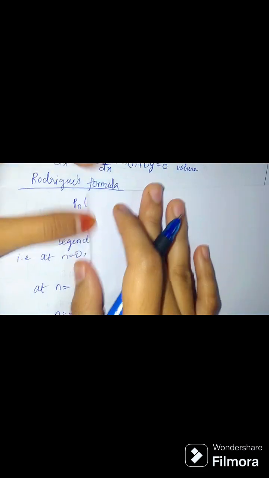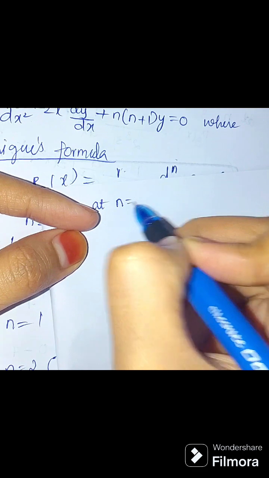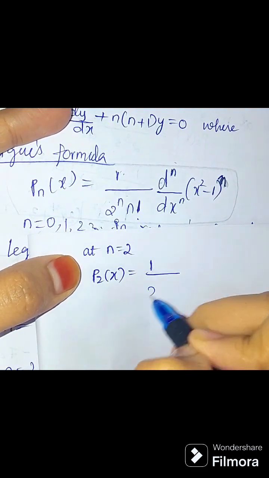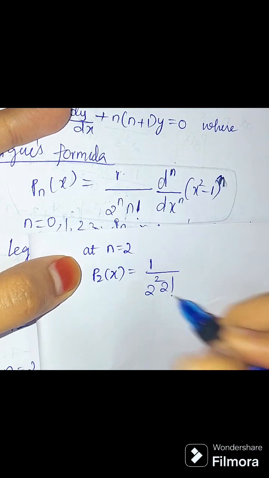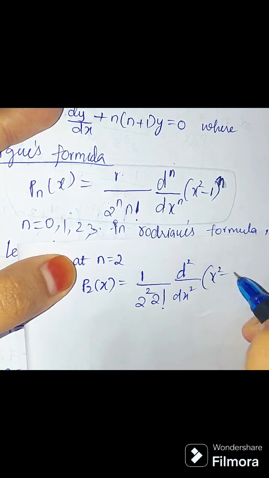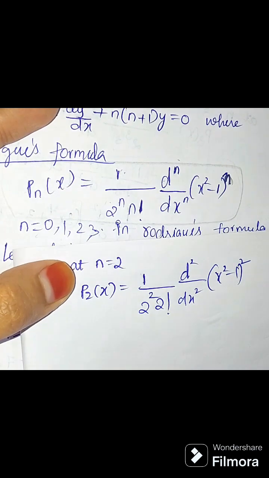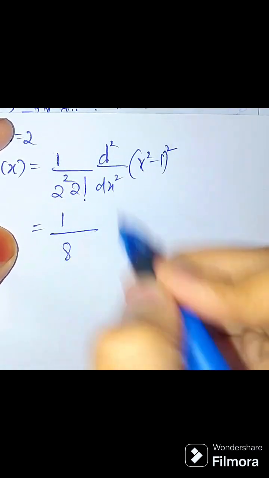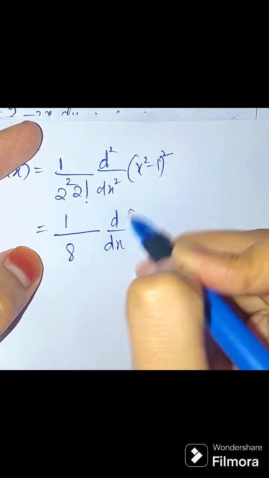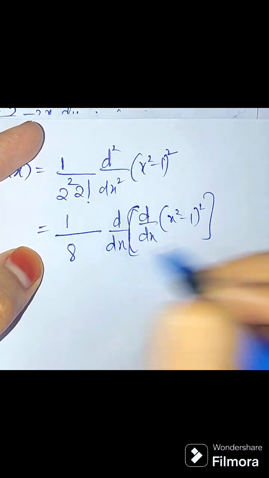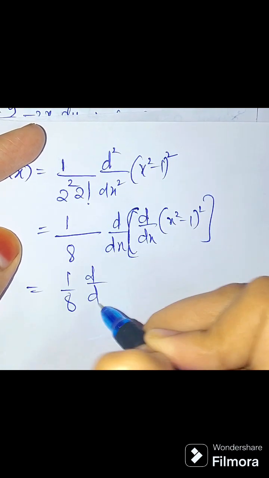So at n is equal to 2, what is the formula? P2 of x will be 1 by 2 square, 2 factorial, d square by dx square, x square minus 1 whole square. So now, how will we solve this? 2 square is 4 into 2, so 1 by 8. So I'll write d by dx and again d by dx of this. So what is the derivative of this? 2 into x square minus 1.